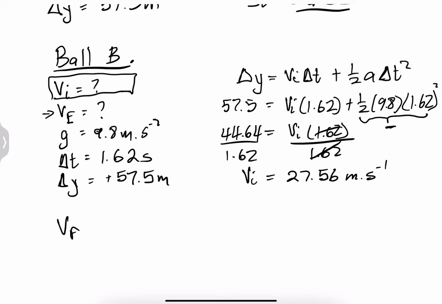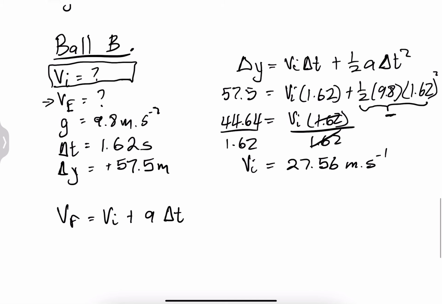So I'm going to simply say Vf is Vi plus a delta t. It always helps to know these formulae off by heart. But of course, you do have the data sheet in front of you. But of course, the more you practice, the more familiar you become with the formulae, right? Remember, formulae is plural for formula, right? Please don't think that I'm saying something that's incorrect, okay?